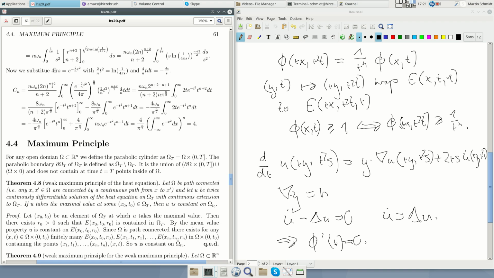This means logarithm of 4 pi s is now minus 2 over n t squared. Then logarithm of the negative is of course the minus, so it's 2 over n times t squared.